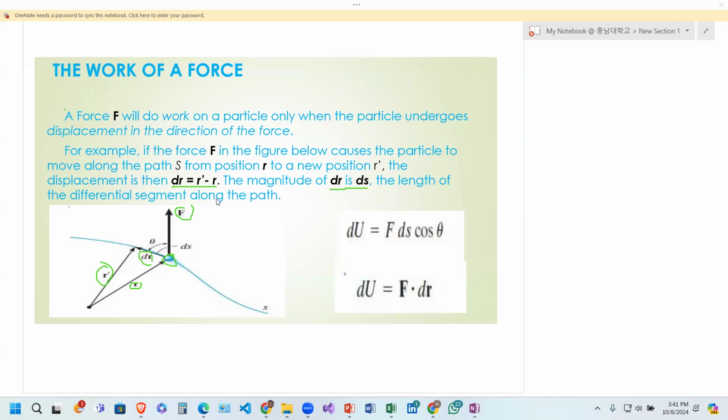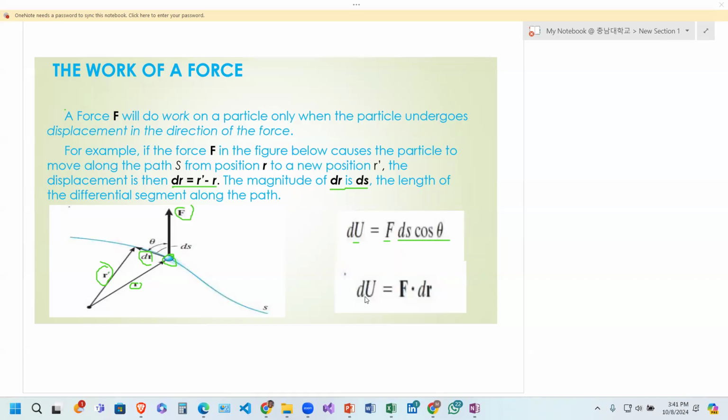So for us now to find the work done, that means the force has displaced this particle from one position, r, to r prime. Then that work done, which we represent as U in this case, for a small change, we have dU. So our dU will be given by F, which is our force, causing a displacement, then ds cos theta. If we resolve this s into dr, we have ds cos theta.